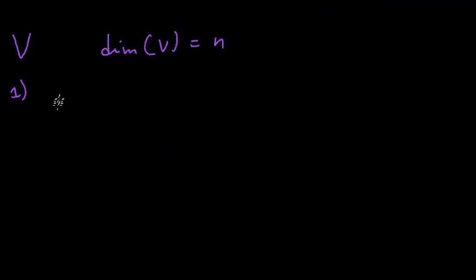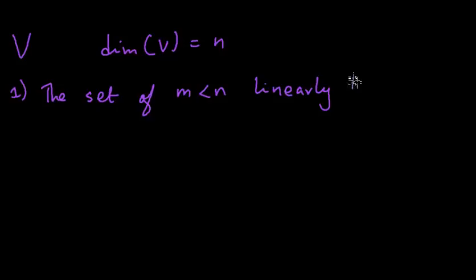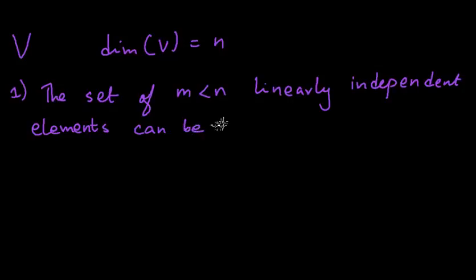First of all, a set of m linearly independent elements, where m is less than n, can be completed to form a basis. All you have to do is plug in a few more elements and that will give us a basis.